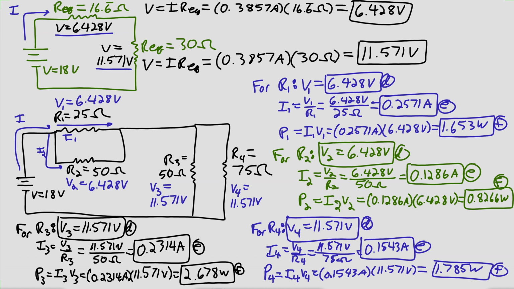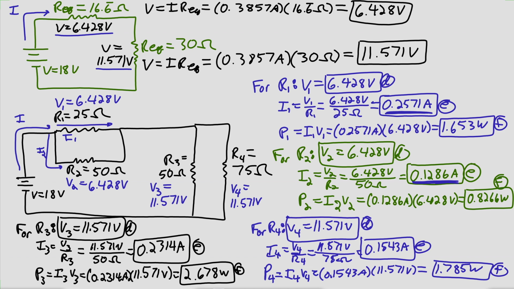So what that means is if I is going to become I1 and I2, then I1 plus I2 has to equal I. So I1, that was this number here, 0.2571. I2, this number here, 0.1286. If you add those guys together, you do get that original current, 0.3857.